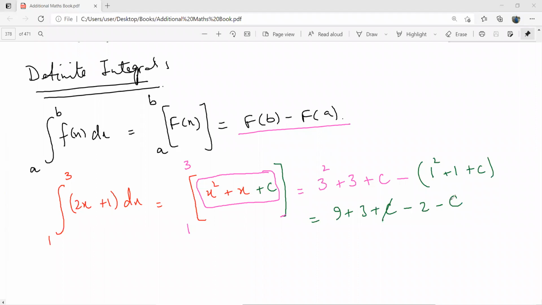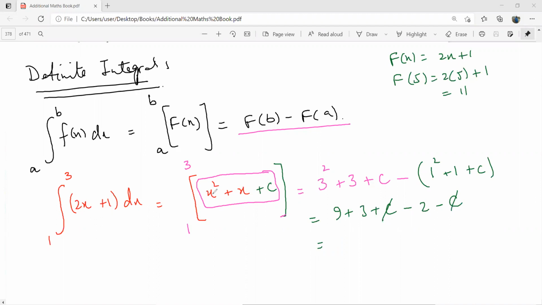This c is eventually cancelled out, because you can substitute this. If you have f of x equal to 2x plus 1, and you want to find f of, let's say, f of 5 for example, this 5 has to take the value of x, so this becomes 2 into 5 and this 1 comes as it is, this becomes 11.